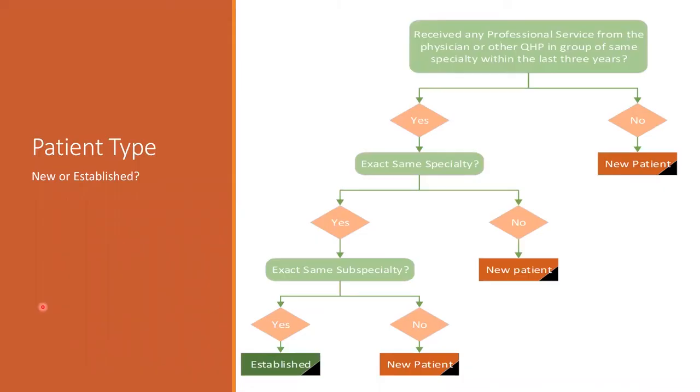So when we talk about a new patient, what does that mean? Well, a new patient is clearly defined by the AMA as a patient who has received any professional service from a physician or other qualified healthcare provider in the group of the same specialty within the last 3 years. Now, if you're a pharmacist working in primary care, your specialty is primary care.